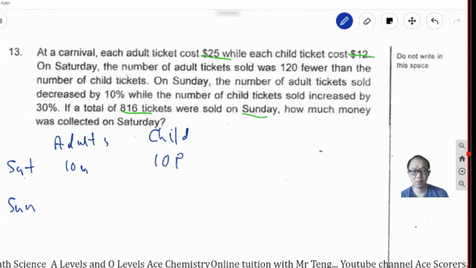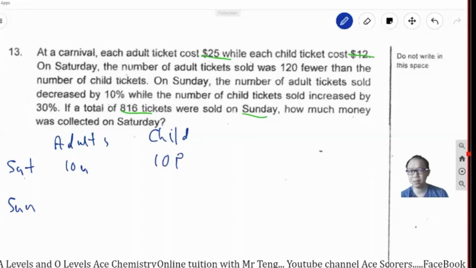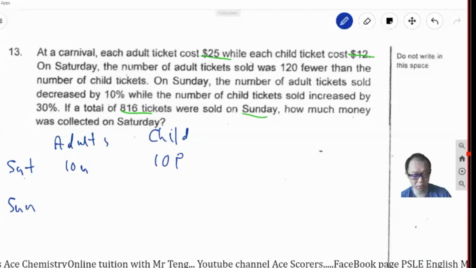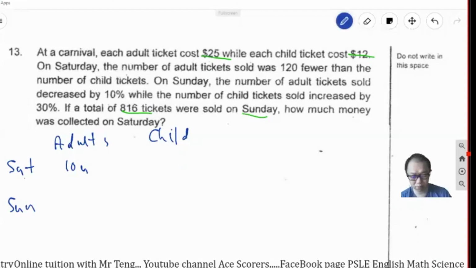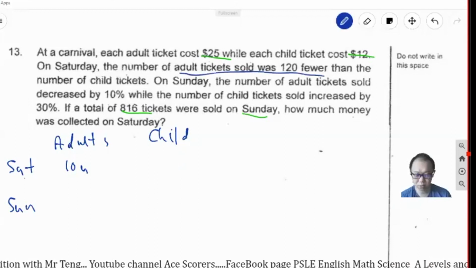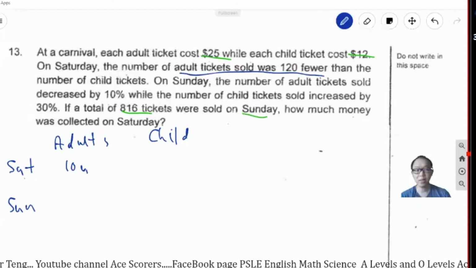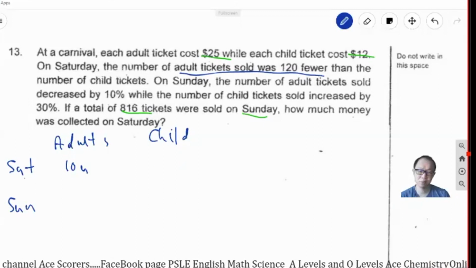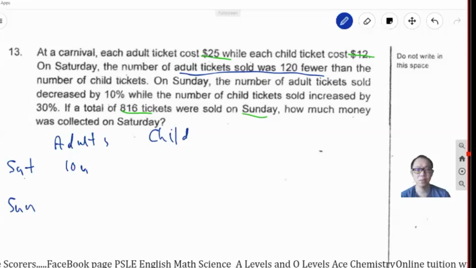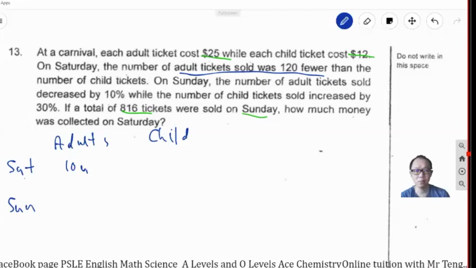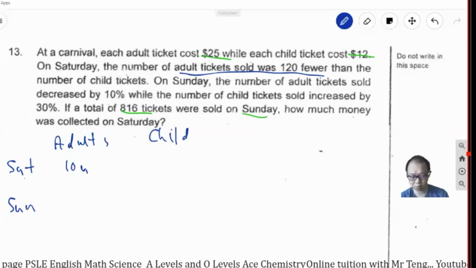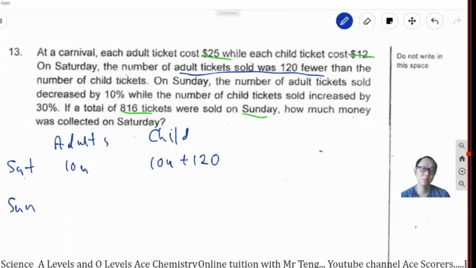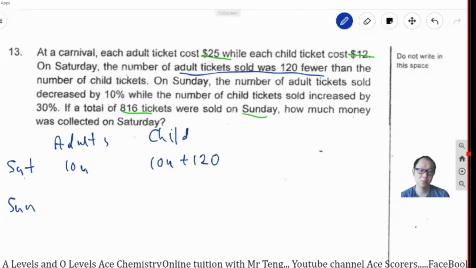Wait, we don't have to assume this. Because the number of adult tickets was 120 fewer than... Do we use algebra? You can if you want to. The answer actually gives you algebra, but I'm trying to not use algebra, right? And see what we can do. So on Saturday, the number of adult tickets is 120 fewer, which means that the child tickets is 10 units plus 120, correct? Because adults is 120 fewer, right? So child is 10 units plus 120.